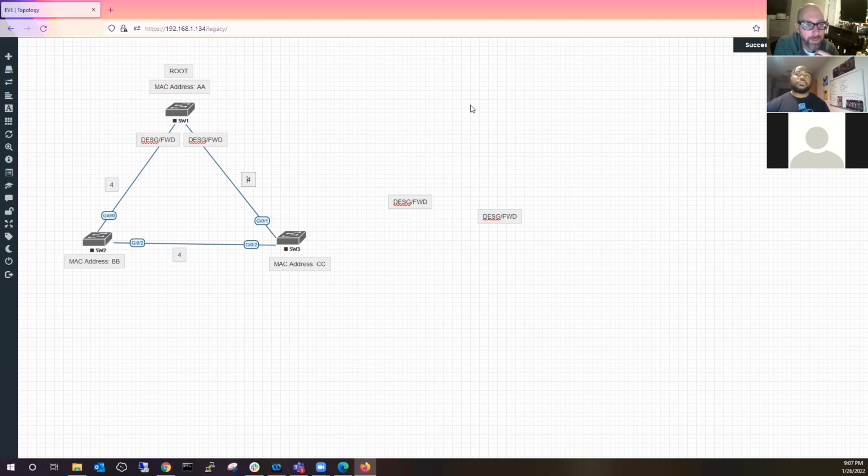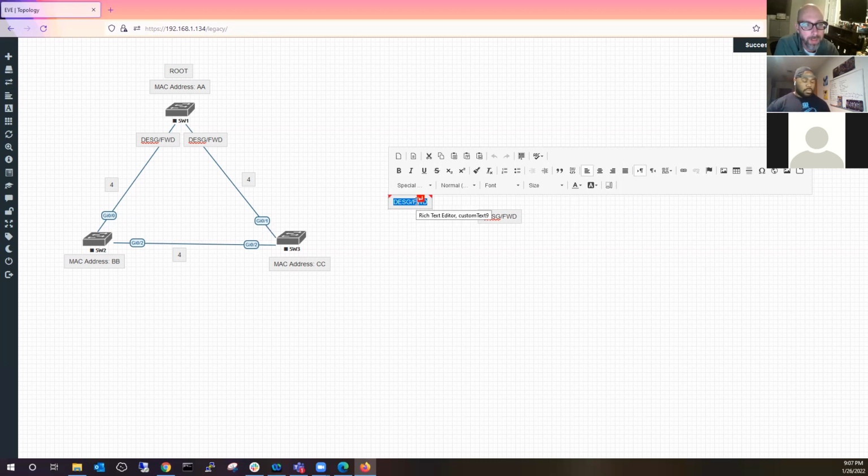Trying to remember, I know we went over it. It's going to look at cost, and they cost the same. I thought the next step to determine it would be the interface number, but they're the same.